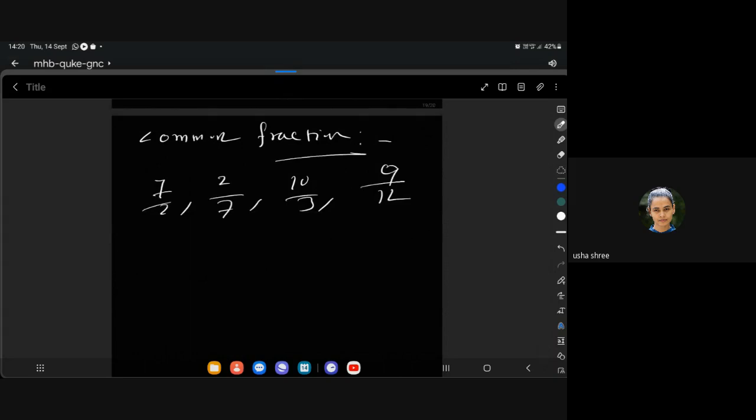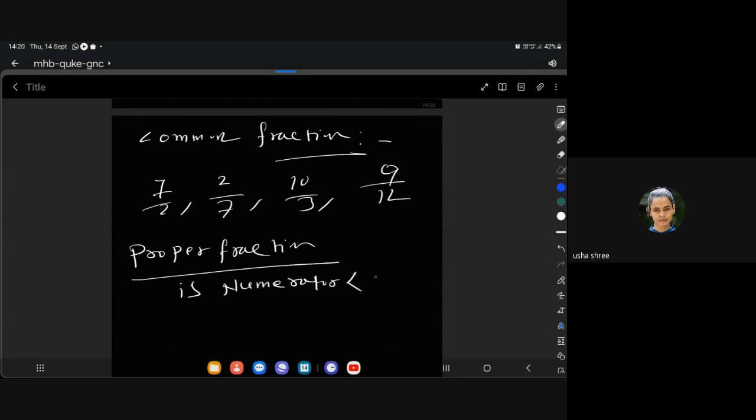Then another thing is called proper fraction. In proper fraction, the numerator is less than the denominator, suppose 1 by 2, 2 by 3, or 6 by 11.